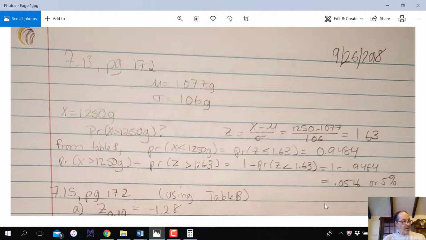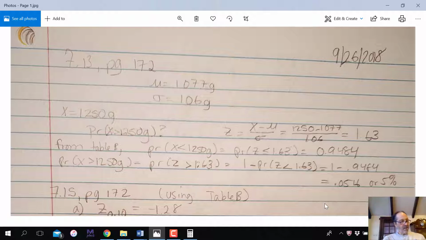So I'm now on page 542 of the textbook. I see negative 1.4, and then it says negative 1.42. Under the hundredths column, the first column says Z tenths, the second column is labeled 0.00, the third is 0.01, the fourth is 0.02.